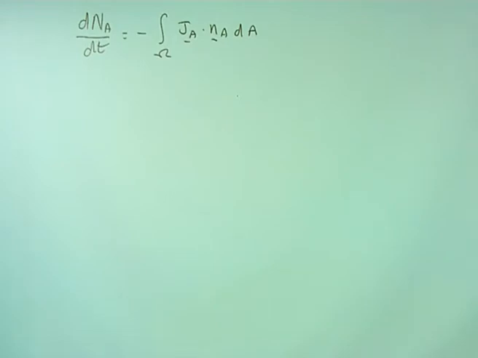Along the area. Maybe I'll use S here so that we don't get confused. So the minus sign here is chosen such that flow into the domain increases N_A.